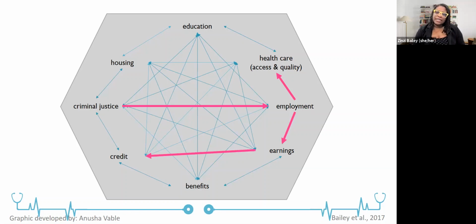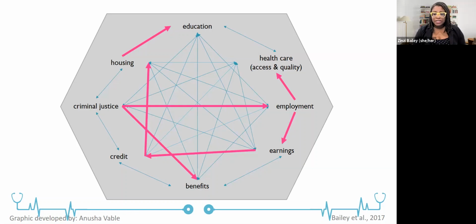And your credit impacts where you can rent and if you're able to buy a house. In this country, we tie the funding of our public school system to property taxes. So where you live can really impact the quality of education your children receive, right? So in that way, the criminal legal system has intergenerational impacts on your family, your children.